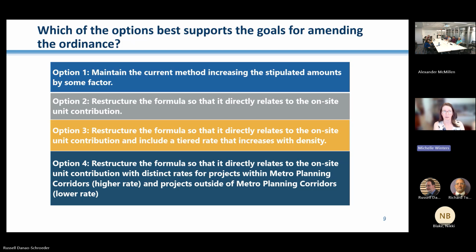So a project proposed up there under this idea that I threw out would be more likely to have a higher dollar amount in whatever the formula is, and therefore more likely to put some on-site units. So Matt was saying, why would we be taxing those projects? And I look at it less as taxing than as putting a heavier weight on the potential to get on-site units.